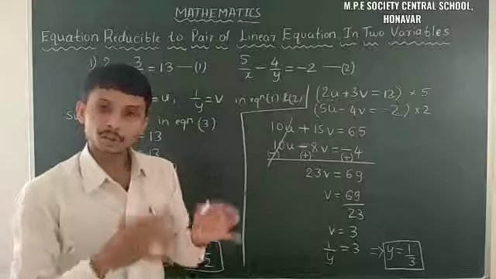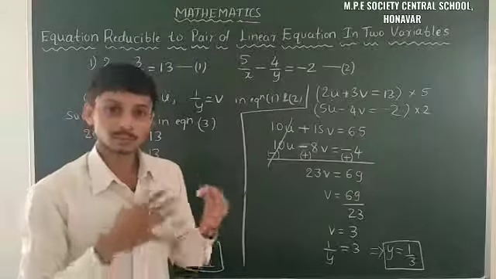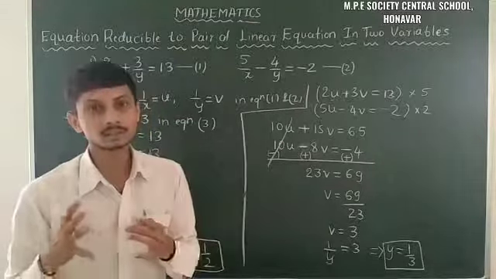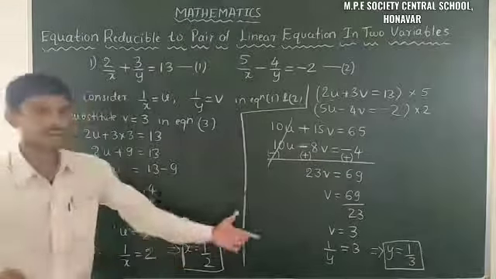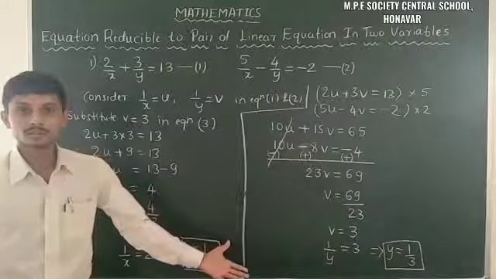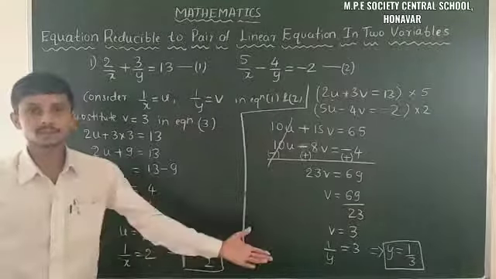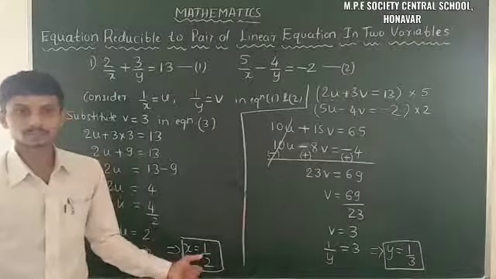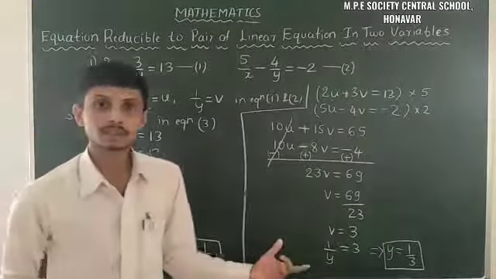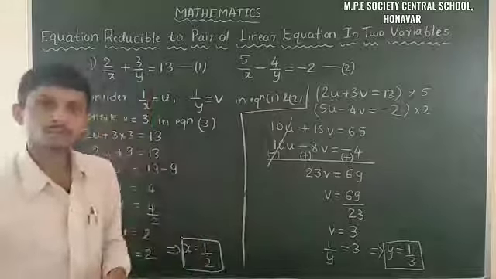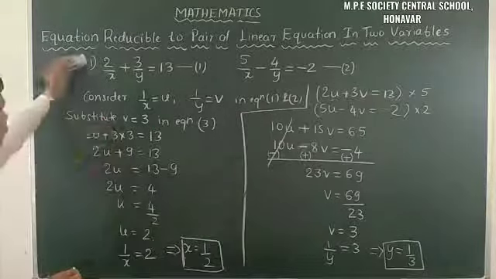So for that we have to convert the equations into the standard form of a pair of linear equations in two variables. After that we have to find out the values of x and y. So this is about equations reducible to a pair of linear equations in two variables. Let us move on to the next problem.